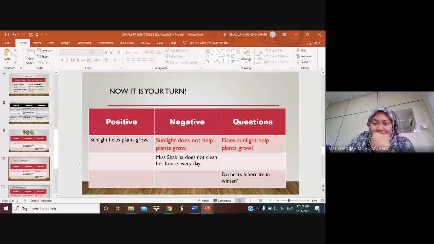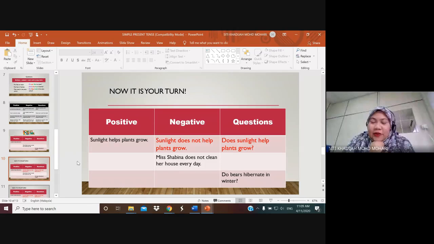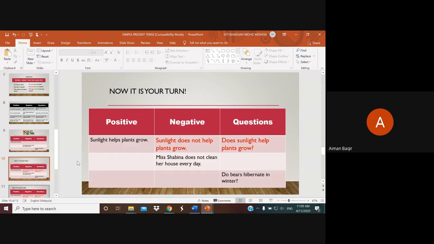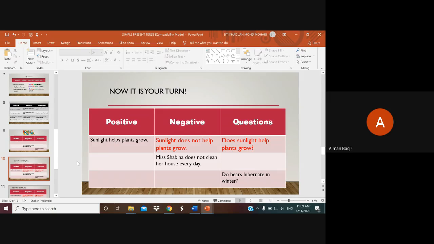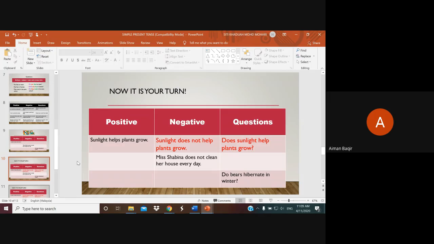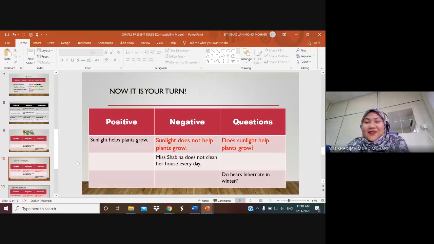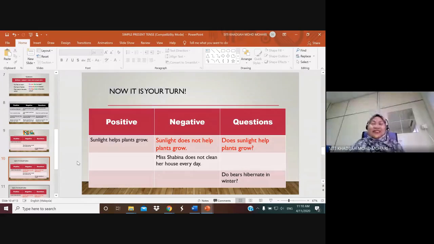Positive statement. Miss Shabina clean her house every day. How do you spell clean? C-L-E-A-N. Shabina singular or plural? Singular. So for the verb, do you have to add an S or not? Oh yes. Okay. So cleans her house every day. Very good.